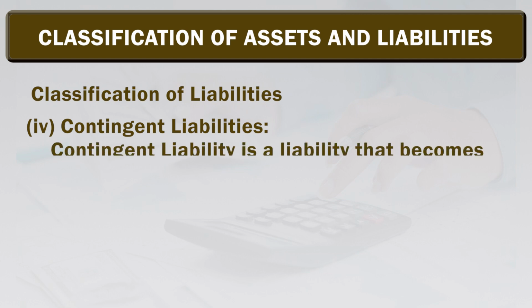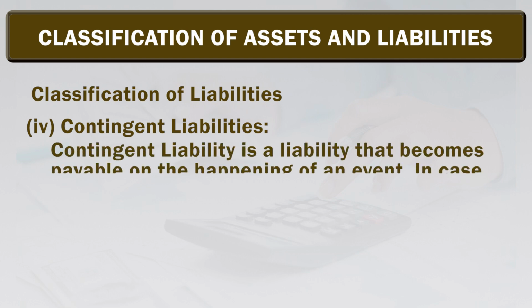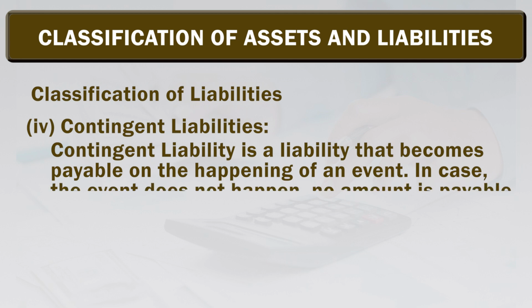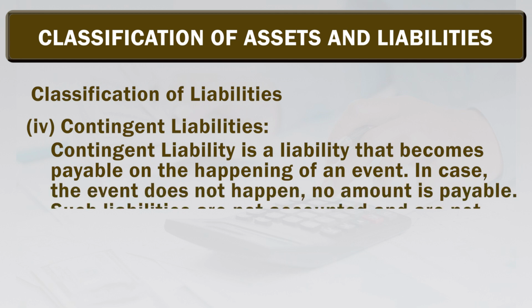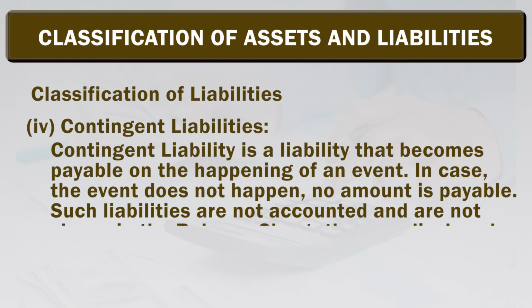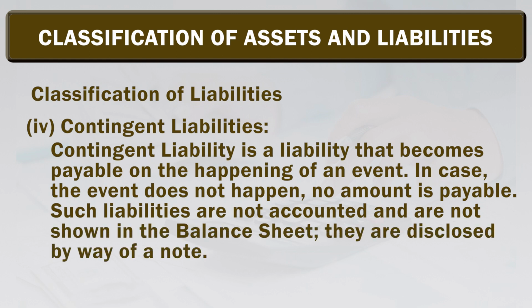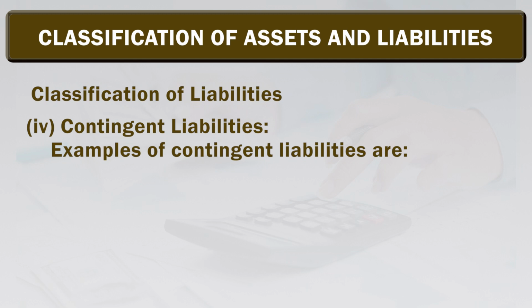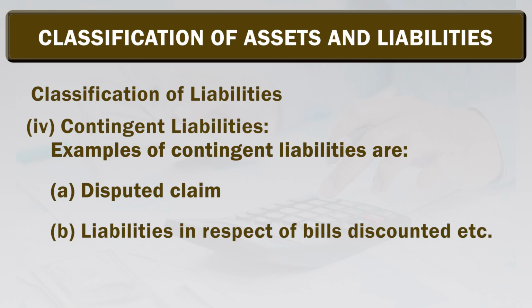A contingent liability is a liability that becomes payable on the happening of an event. In case the event does not happen, no amount is payable. Such liabilities are not accounted and are not shown in the balance sheet. They are disclosed by way of a note. Examples of contingent liabilities are disputed claims, liabilities in respect of bills discounted, etc.